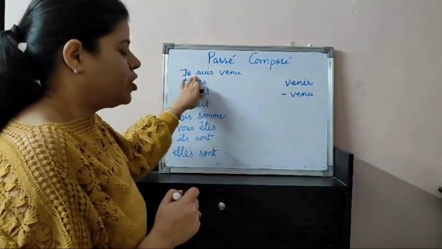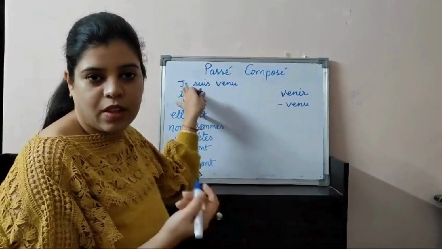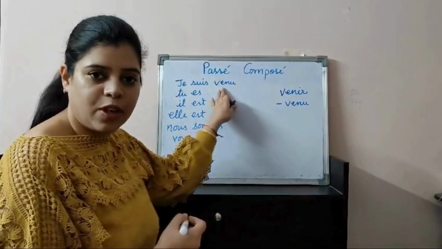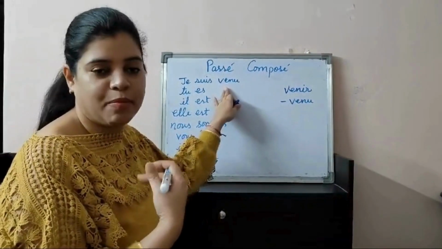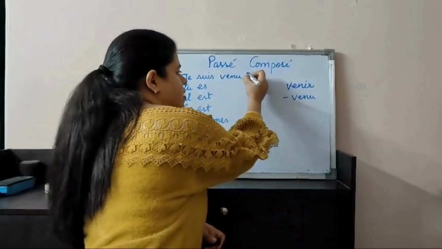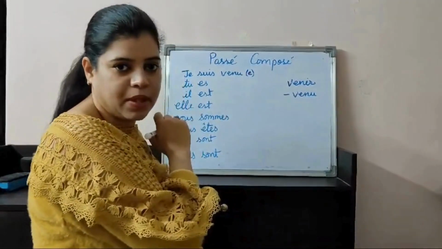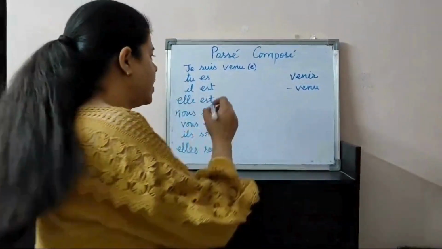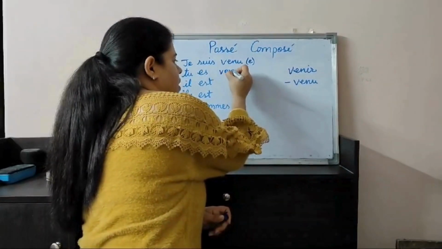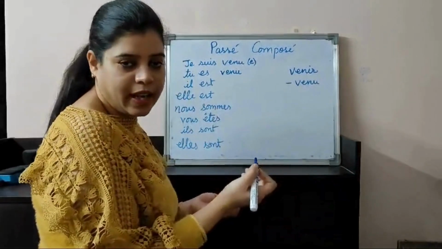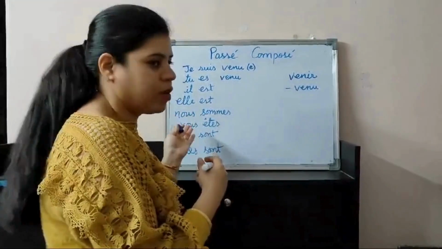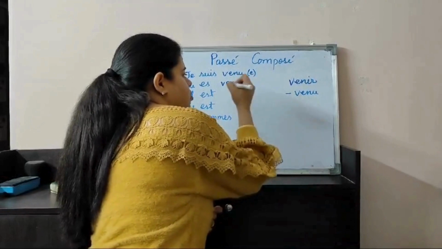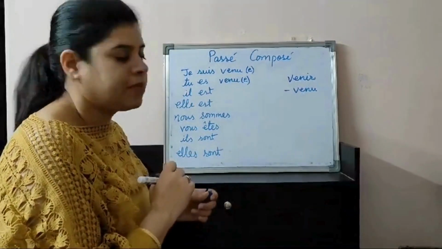So here with je, if I do not know whether the subject is masculine or feminine, we'll write it as it is, and if I am writing the letter and I am feminine, then I'll add e to the past participle. Same way with tu, if we do not know the gender, then we'll keep it venu only. But if we know that tu, the person we are talking to, is feminine, then we'll add e to the past participle.